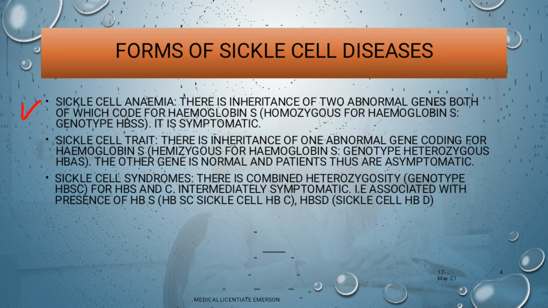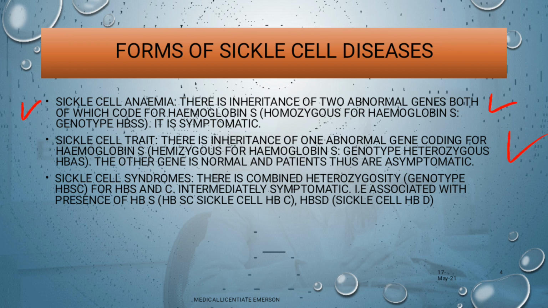Then in terms of forms of sickle cell disease, we can have sickle cell anemia, where there is inheritance of two abnormal genes, both of which code for HbS. So it's homozygous for hemoglobin S, the genotype is HbSS, and it is symptomatic. Then sickle cell trait, where there is inheritance of one abnormal gene coding for hemoglobin S, so it's heterozygous, genotype HbAS, and the other gene is normal, and the patient is thus asymptomatic.